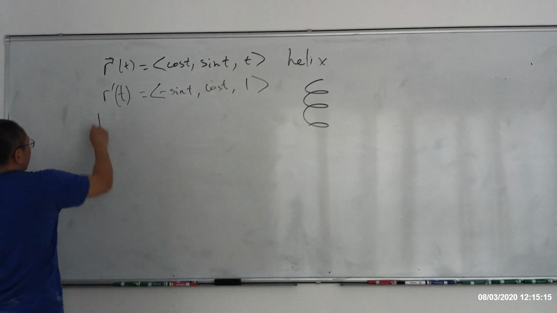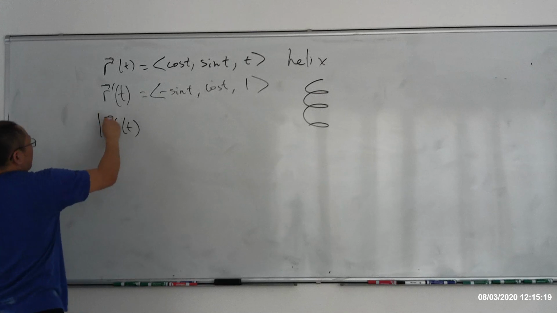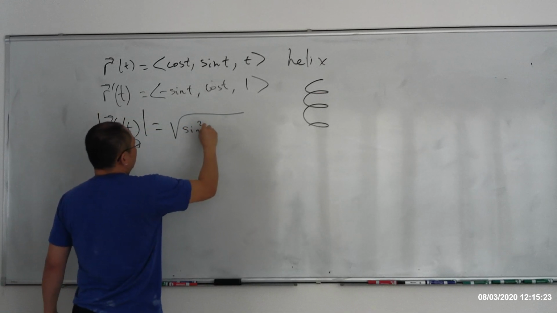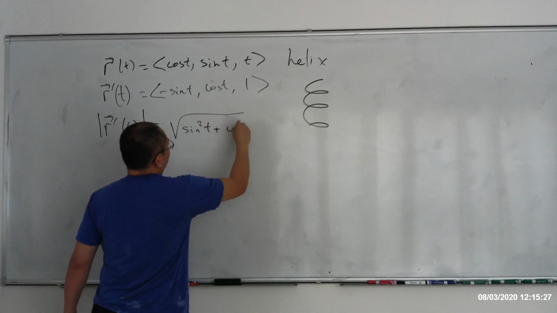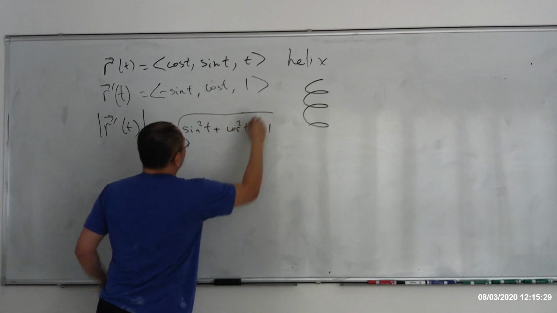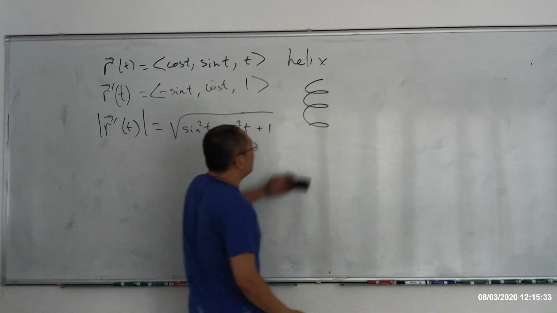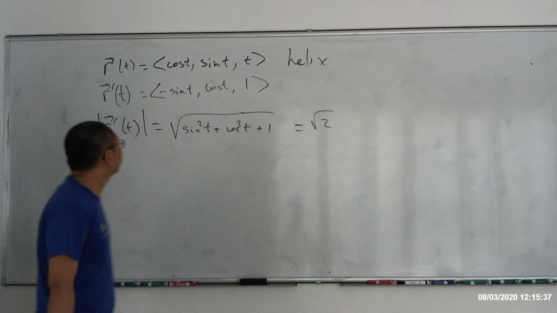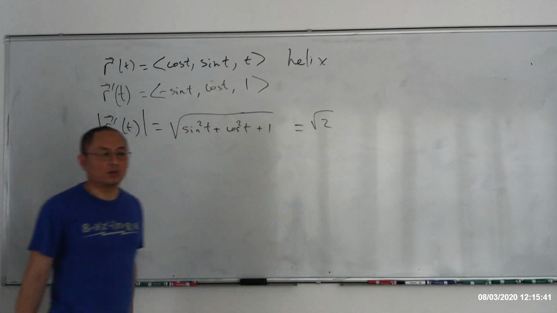So the magnitude of r prime is the square root of sine squared t plus cosine squared t plus 1. You know sine squared plus cosine squared is 1, so 1 plus 1 is 2. The magnitude is the square root of 2. And this is the tangent vector, but the magnitude is square root of 2, so it's not a unit vector.